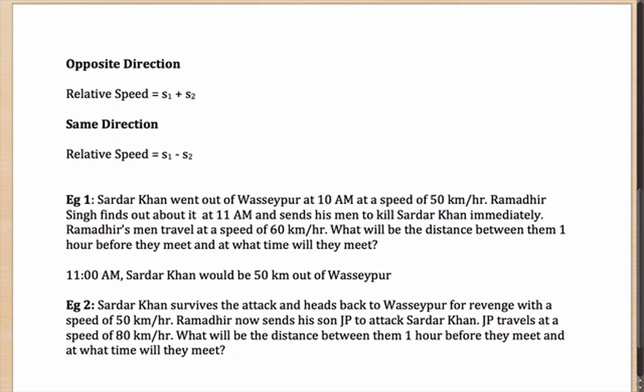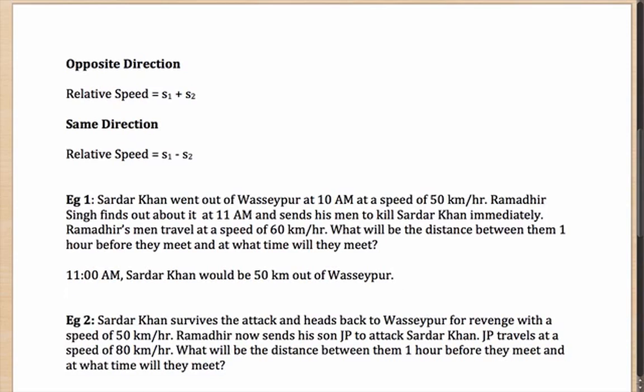That is the distance between Sardar Khan and Ramadhir Singh's men at 11 a.m. Then what will happen? 1 hour later, that is at 12 o'clock, Sardar Khan would be 100 kilometers out of Wasipur.